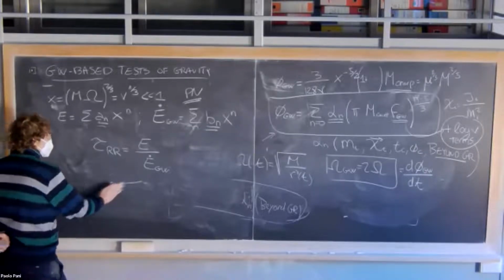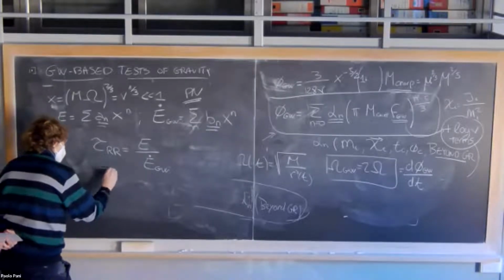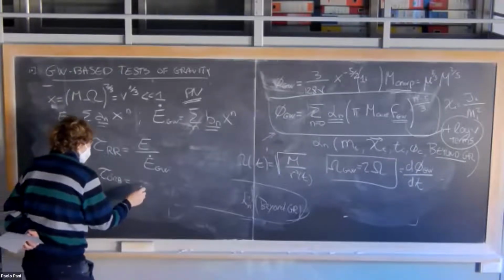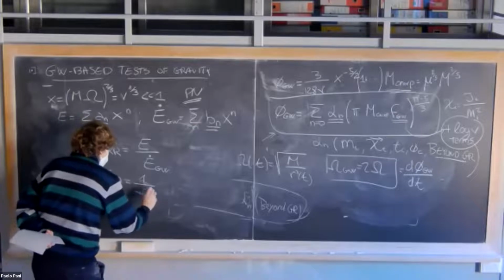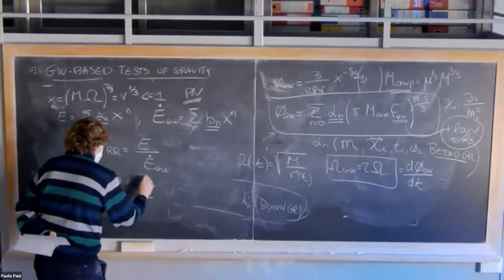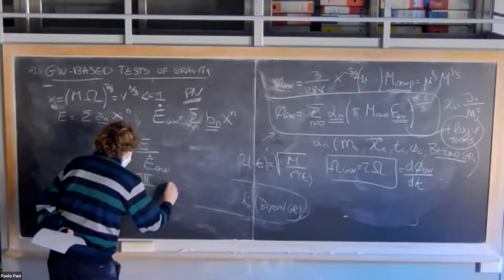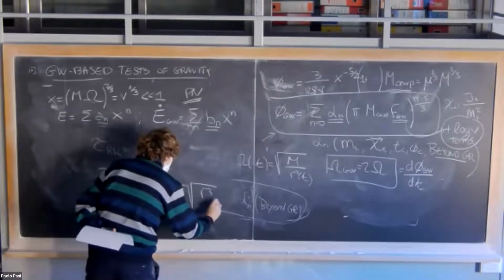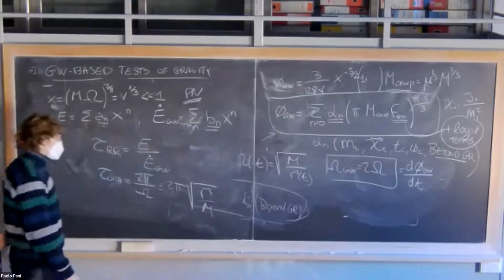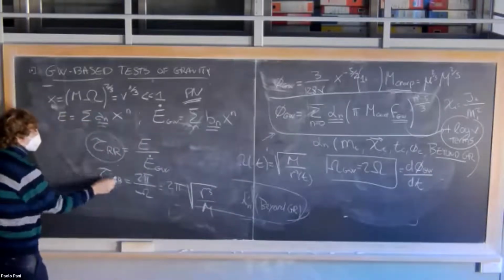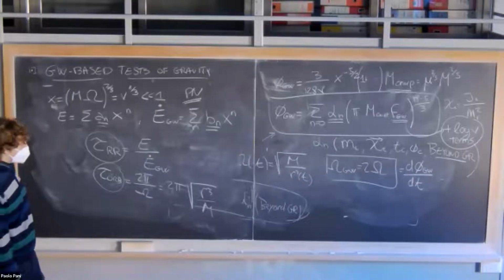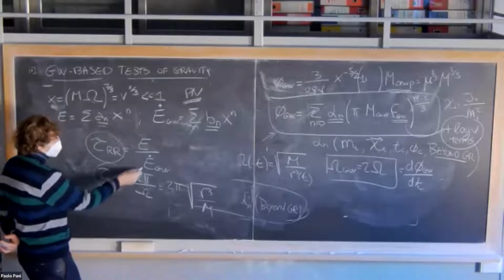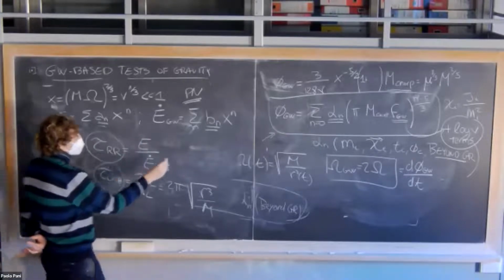And on the other hand, the orbital time scale is just 1 over omega, which is 2 pi times the square root of r cubed divided by m. If one compares these two quantities, it's easy to see that at large distances, this one becomes very large, while this one decreases.